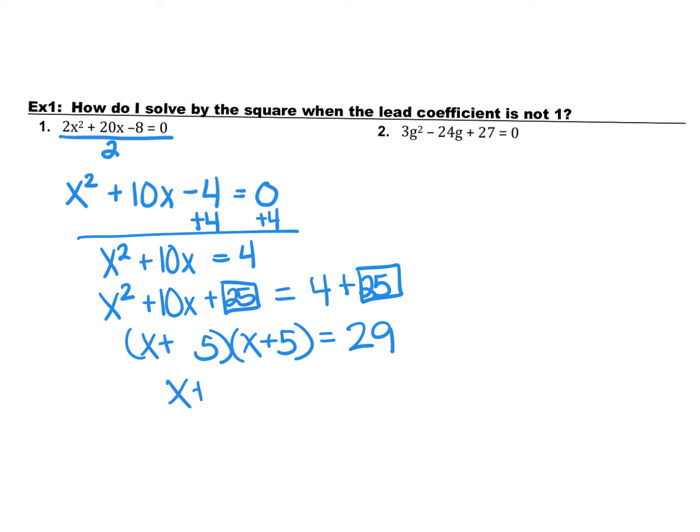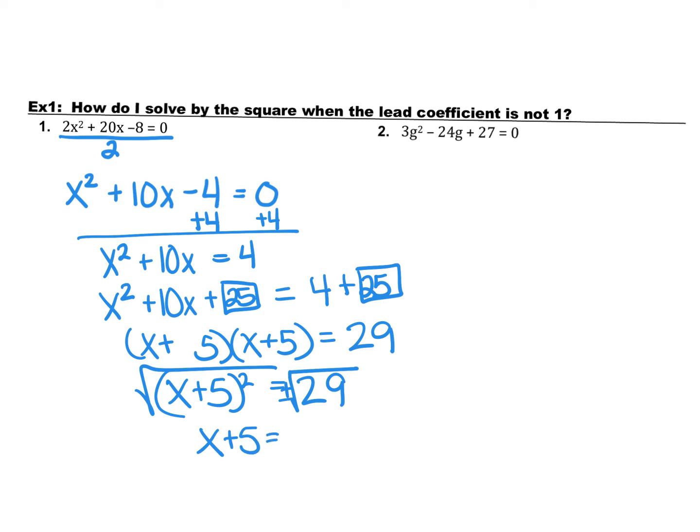So x plus 5 squared is equal to 29, and I'm going to take the square root. When I take the square root of 29, I get plus or minus 5.4.